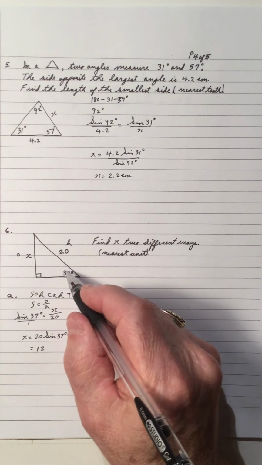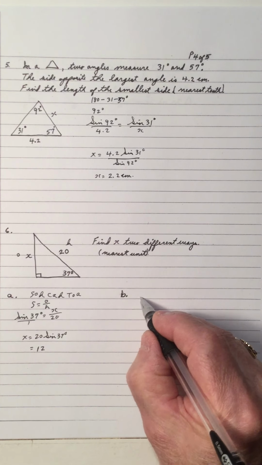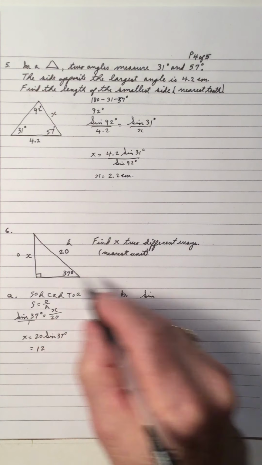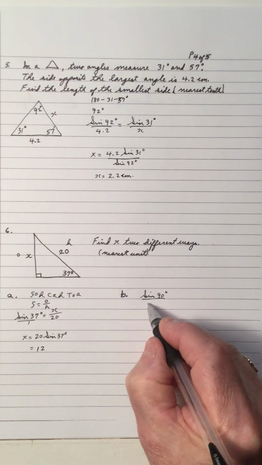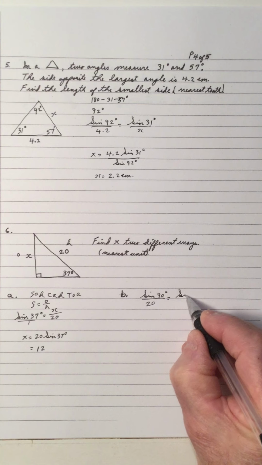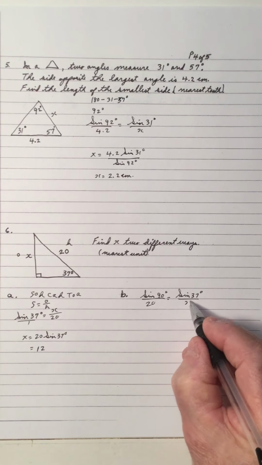Well, notice we have an angle of 90 degrees and a side, so we can use the sine law. So the sine of 90 over 20 is the sine of 37 over x.